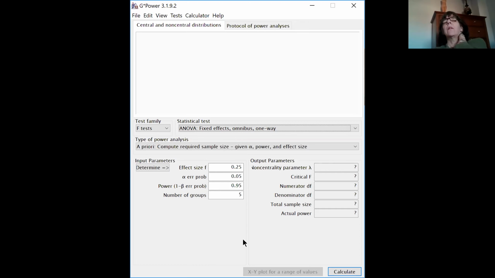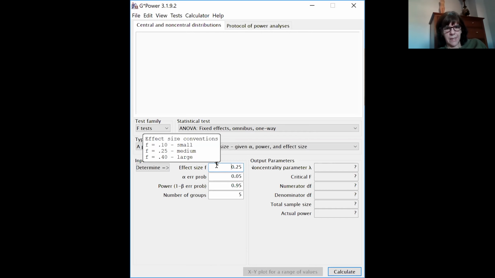But because you probably have seen eta squared or possibly r squared, which I think is also given in SPSS output, fortunately G-power gives you this little pop-up that tells you, hey, you want a medium effect, put in 0.25.